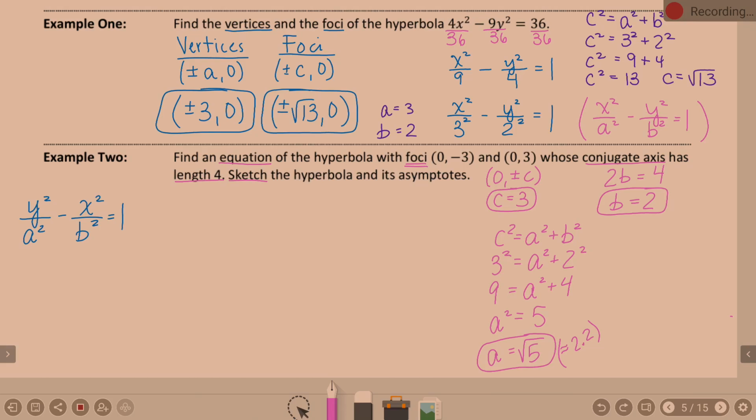Well, can we go ahead and write the equation? My equation, we already determined y came first, so y squared over a squared. What's a squared going to be? 5. 5 minus x squared over b squared, 4, equals 1. Okay, guys.